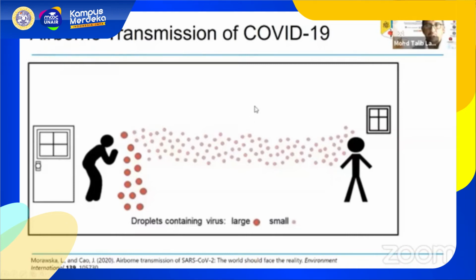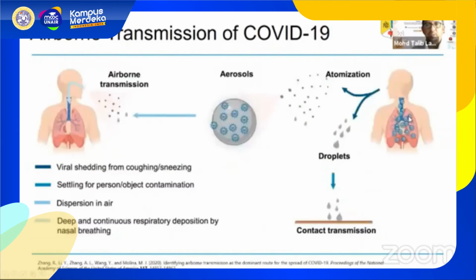very poor ventilation system. So the airborne transmission of COVID-19, as I mentioned, is based on this airborne transmission and also on touching surfaces, because the droplet can go into the air and then associate with particles, which we call airborne transmission.